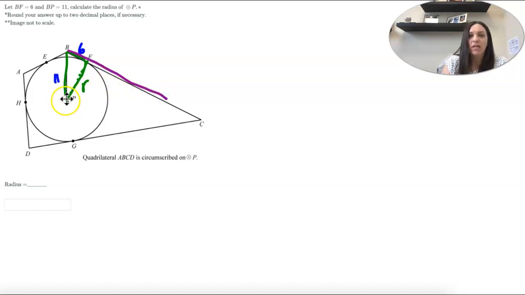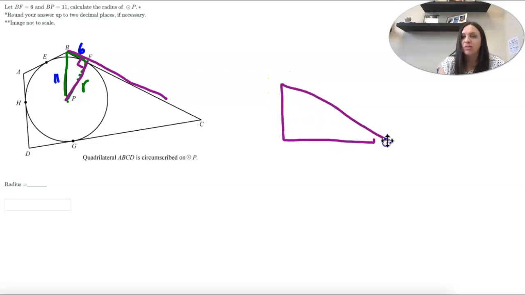And when the radius of a circle hits a tangent line, it creates a right angle. So what we just did is we created a right triangle where the hypotenuse, the one across from the right angle, is 11. And then one of the legs is 6 and the other leg is the radius.